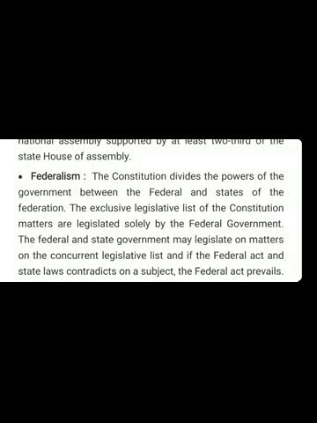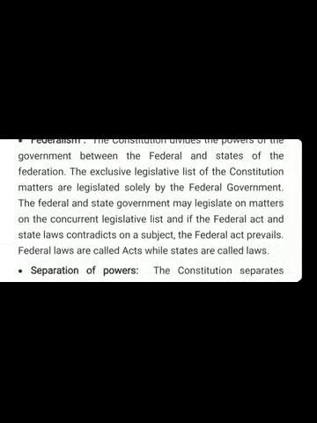That means the National Assembly has sole right to legislate on the exclusive legislative list, while the federal and the state governments legislate on matters on the concurrent legislative list.